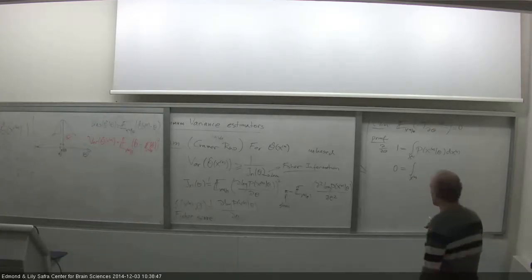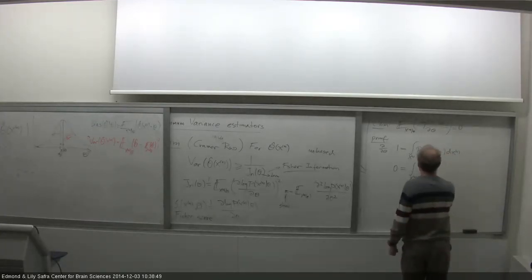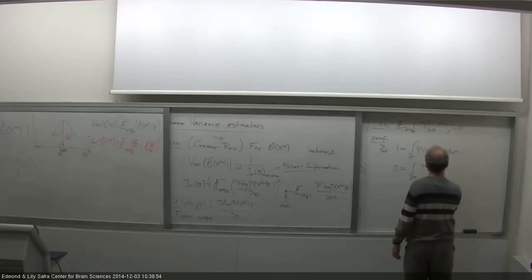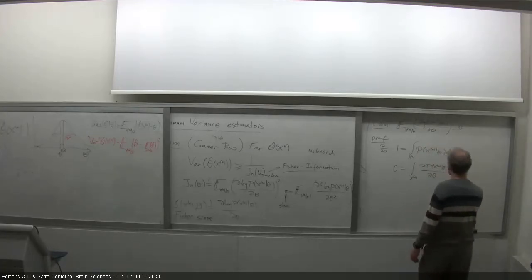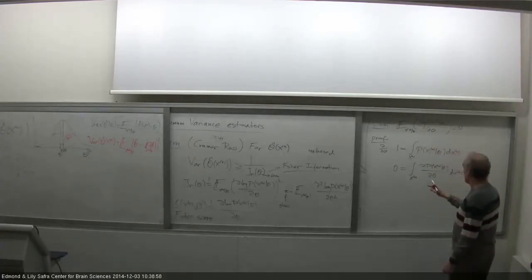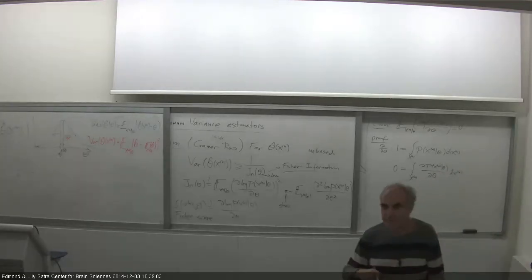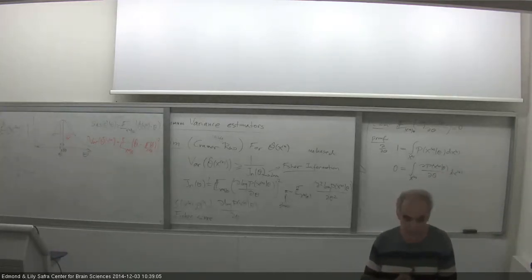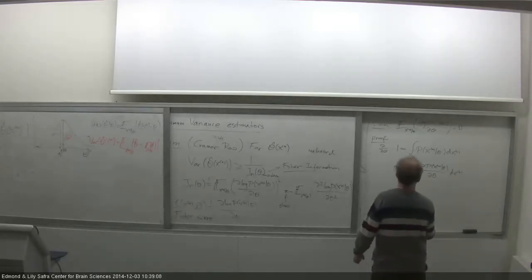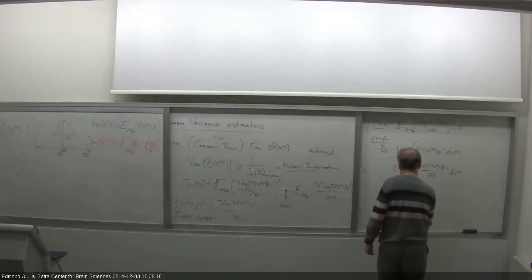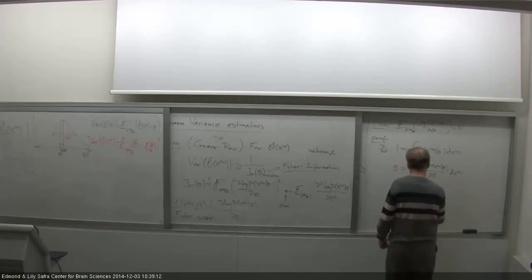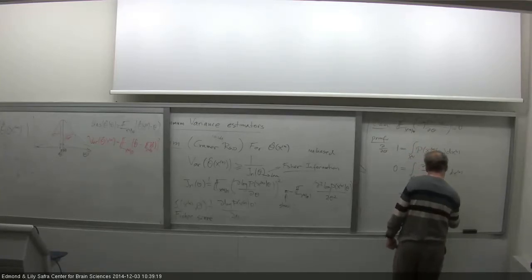So this is simply the derivative of p with respect to theta. But here there is a nice trick. The derivative of p is p times the derivative of log p, ln p. So this is simply equal to the expectation of the derivative of ln p of xn given theta with respect to theta.